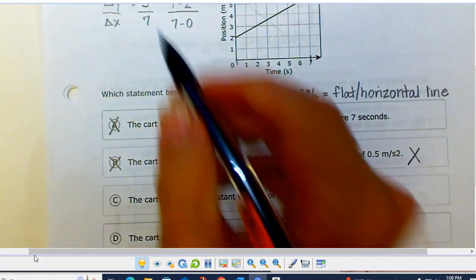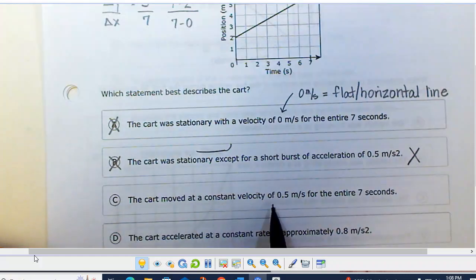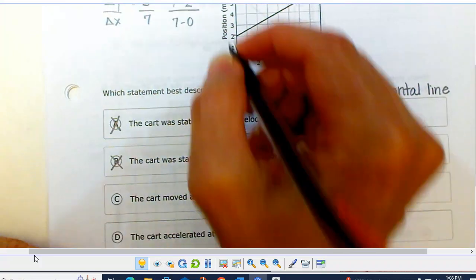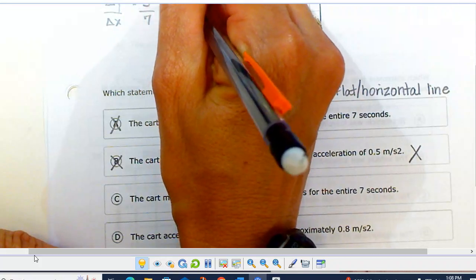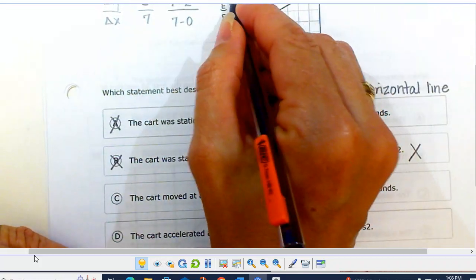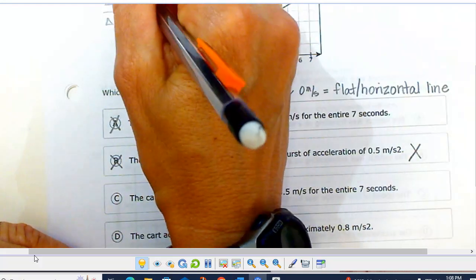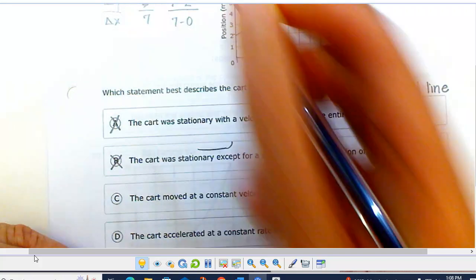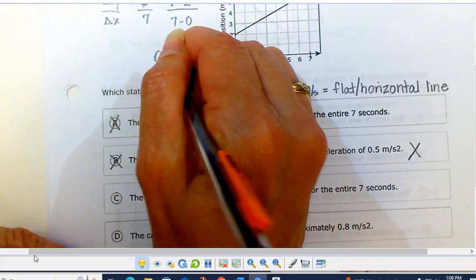So my slope is 5 divided by 7. Oh, that's 5.5. Sorry. So that's 5.5. No wonder. That's not 7. 7's way up here. All right, 5.5 minus 2 is 3.5. And 3.5 divided by 7 is a half, or 0.5.